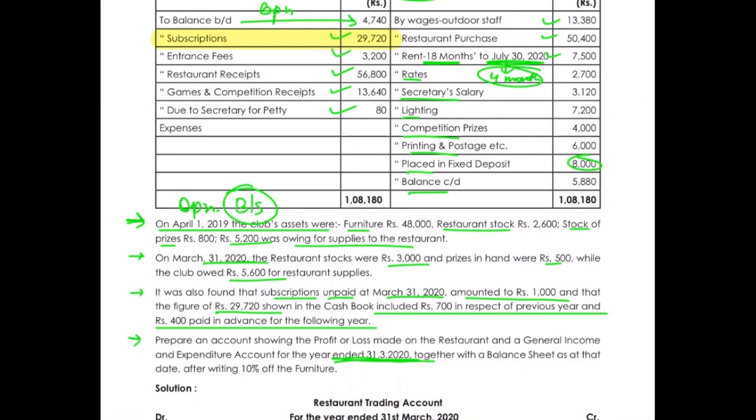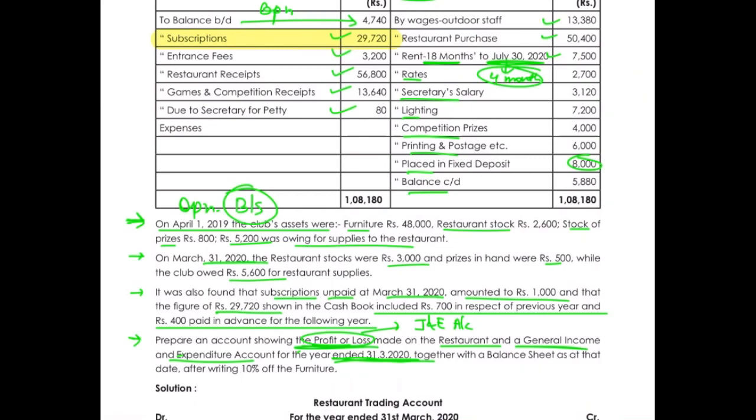We have to prepare the profit and loss. No, we cannot say profit and loss. We can say income and expenditure account for the restaurant. They're asking for profit and loss account also and a general income and expenditure account for the year ended 31st of March 2020.